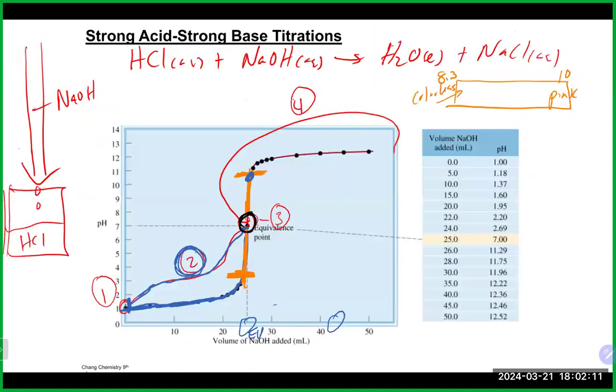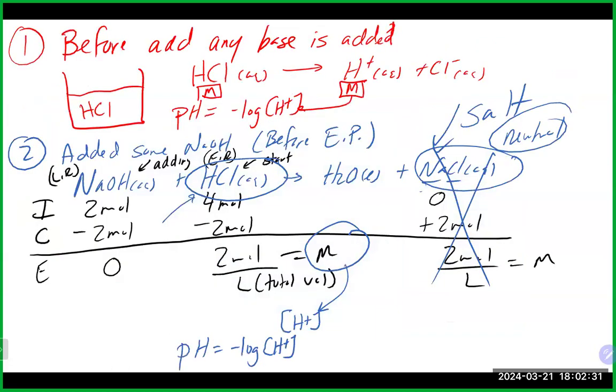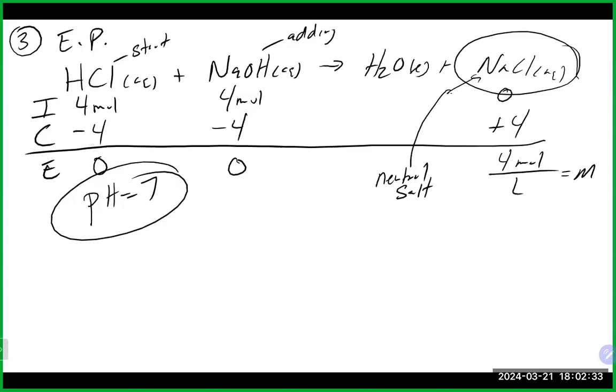All right, so back to our curve here. We hit our equivalence point, and we see that jump in pH. And we see that jump in pH because, frankly, the indicator didn't stop you. And now all you're doing at this point is dumping more sodium hydroxide in, right? So if you think about the ice table we just did there, at this point, you're just adding more hydroxide, right?